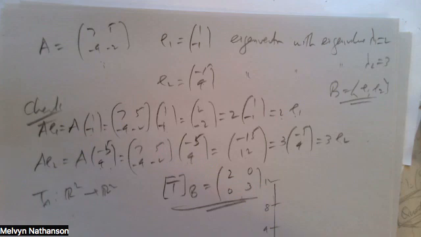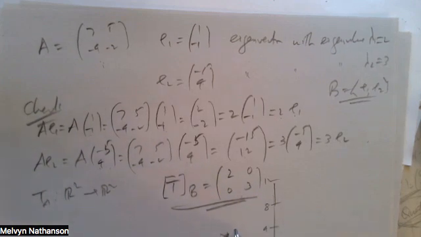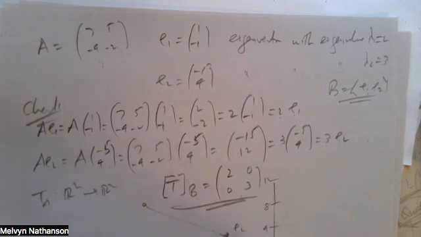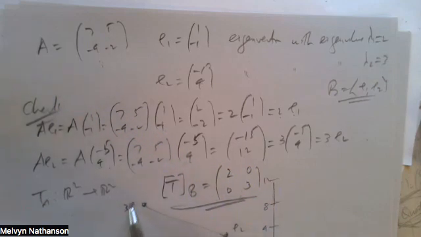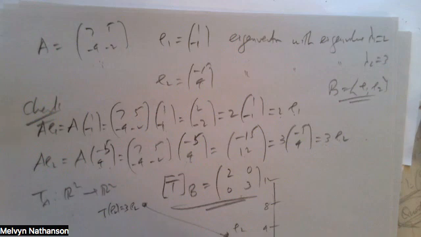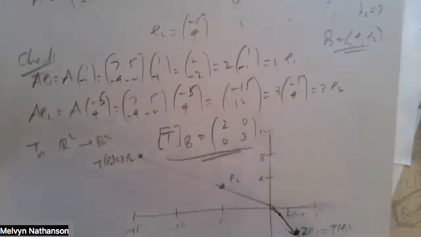So this just gets sent to here. This is E1, this is 3E1. If I start with the vector minus 5, 4, that's E2, it just gets moved along this line, stretched out by a factor of 3. This is 3E2. So T of E2 is 3E2. T of E1 is 2E1. So these are the basis vectors, and they just get stretched. Now, that's the geometry of this.